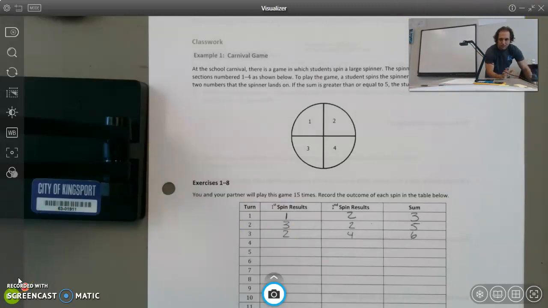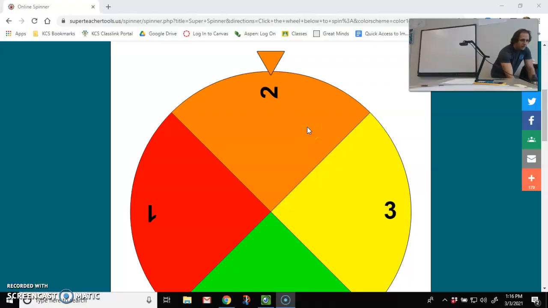Give me just a second. I've found an online resource for you. Now on the screen you should see a wheel instead of my document camera. You can find wheels like this online. I think what I searched for on this one was a board game spinner, and I was able to customize this to be 1 through 4.